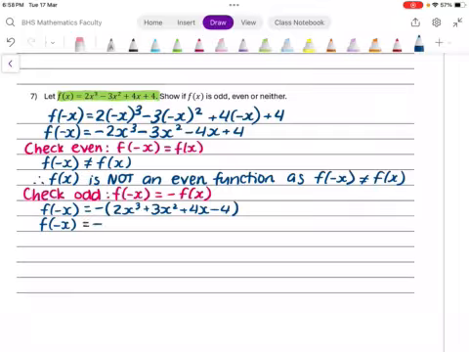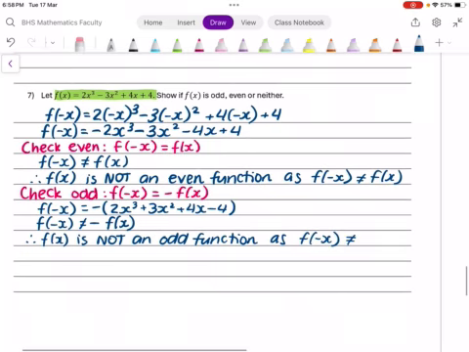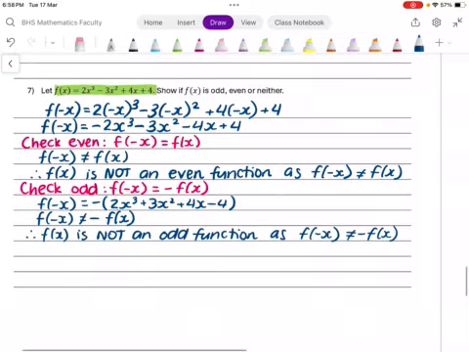So that means it does not equal negative f of x, because that bracket is not f of x. So what this means is that f of x is also not an odd function, as our f of negative x does not equal our negative f of x.